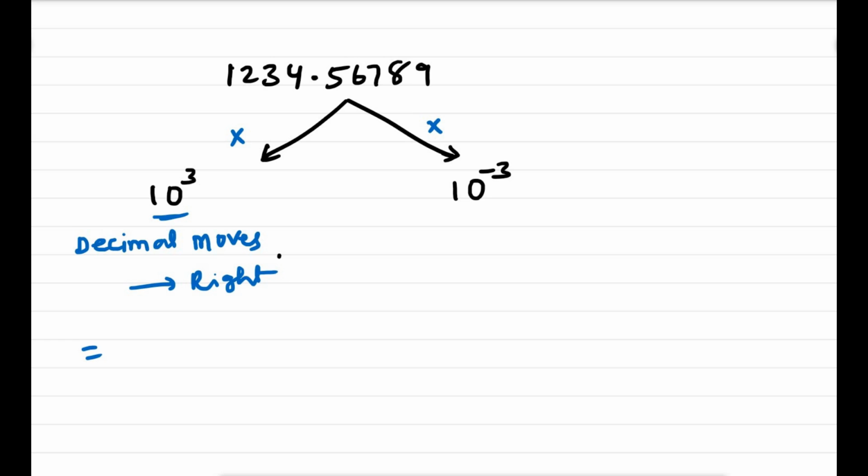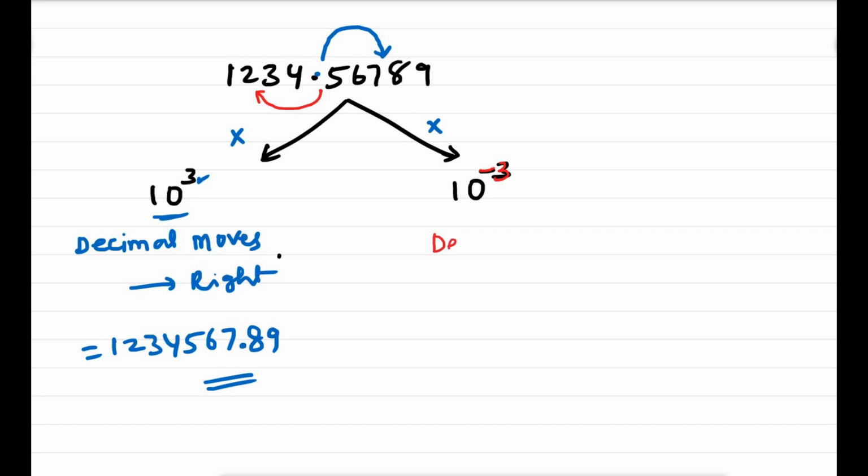Since the power is 3, it moves 3 digits after. So 1, 2, 3, 4, 5, 6, 7.89.